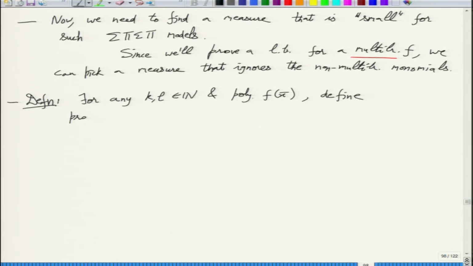This will be KLSS 2014: Kayal, Limaye, Saha, Srinivasan. You saw all of them, didn't you? Yeah, Limaye was not there. Okay, you saw three of them.